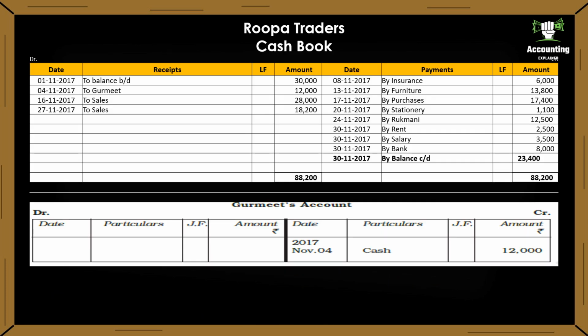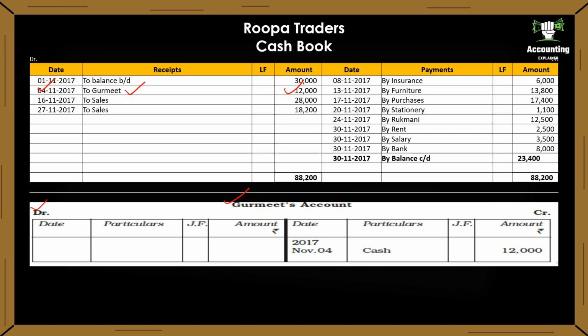We will analyze the cash book entry by entry and post it to the respective ledger accounts. First we will take the receipt side: on 4/11/2017, to Gurmeet, 12,000. We open Gurmeet's ledger account.